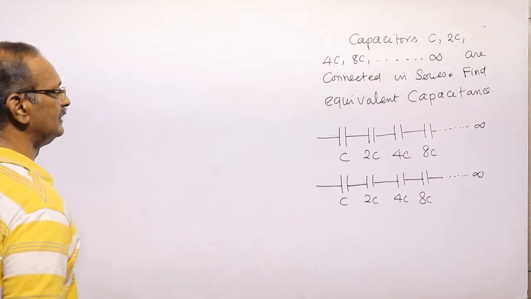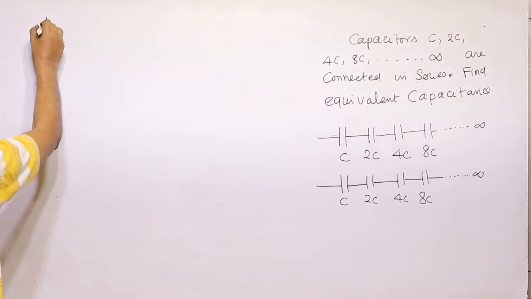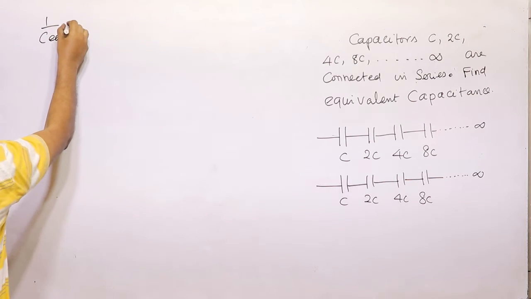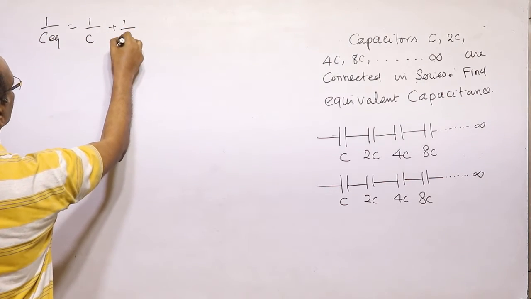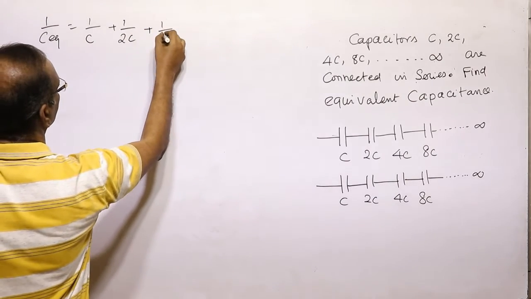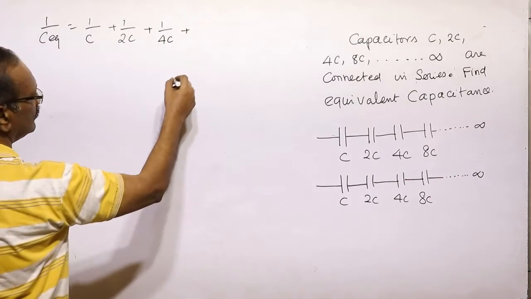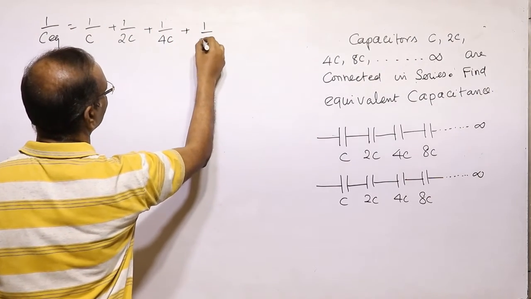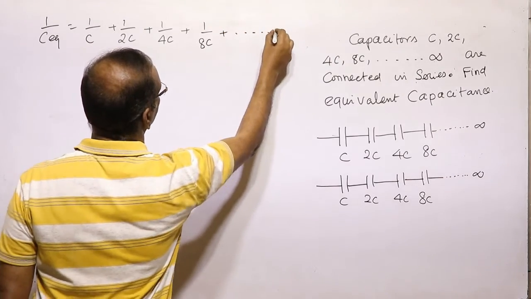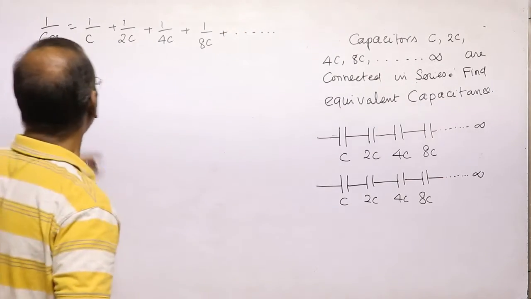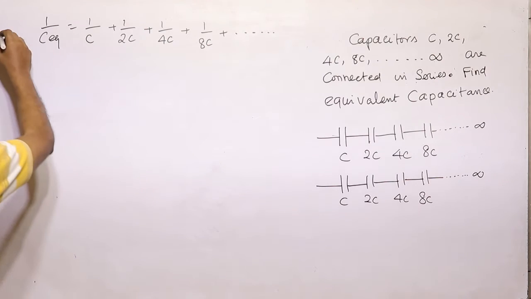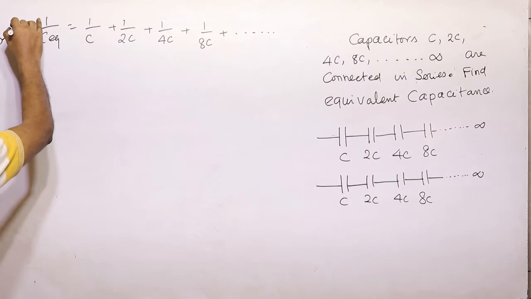Since it is connected in series, 1 by C equivalent is equal to 1 by C plus 1 by 2C plus 1 by 4C plus 1 by 8C up to infinite number. All the capacitors are not identical, so we have to use this formula for series.